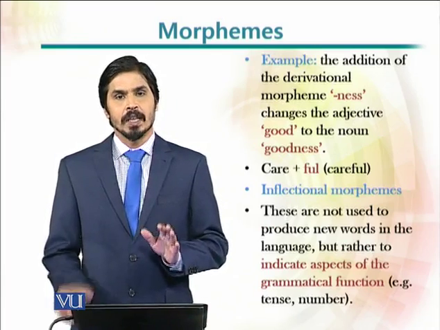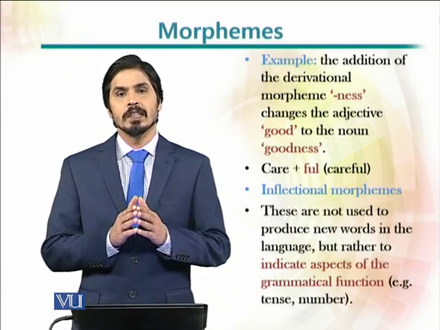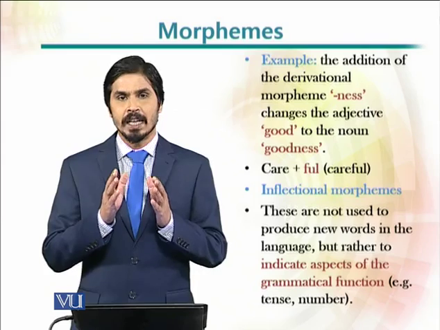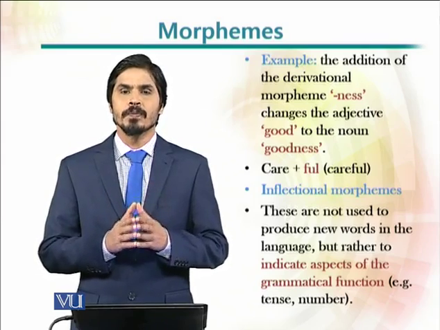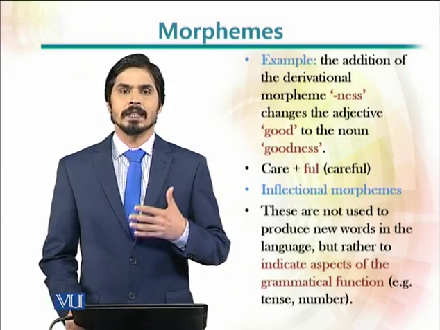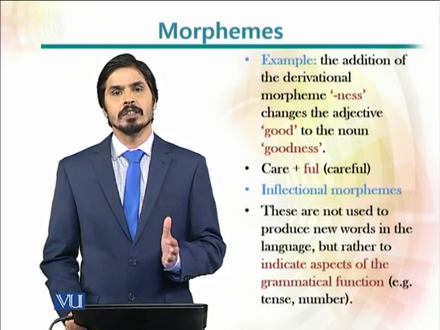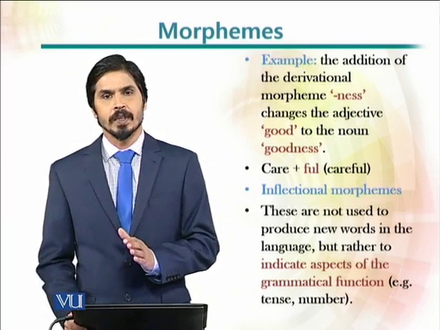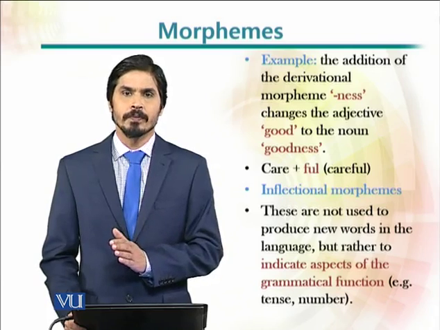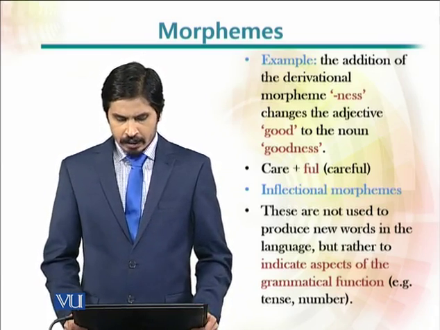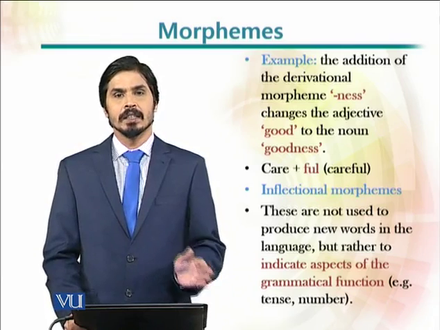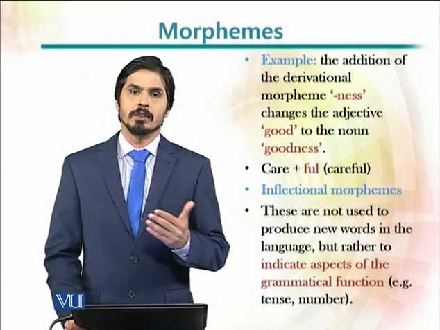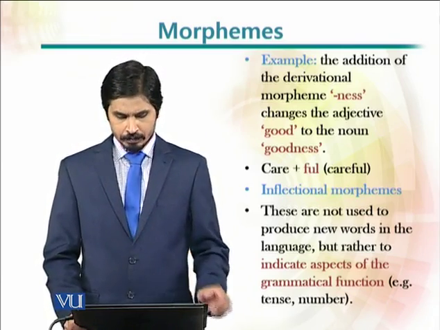You could see in front of you the word good. If we add ness with the good, it turns into goodness. So the category of good changes into another category, right? An adjective changes into a noun. Same is the case with care and full. When they are together, they become careful.